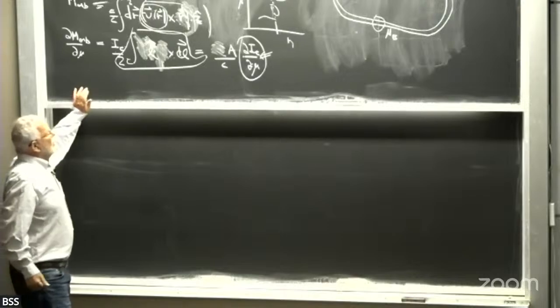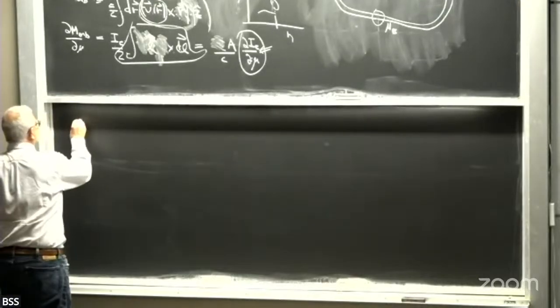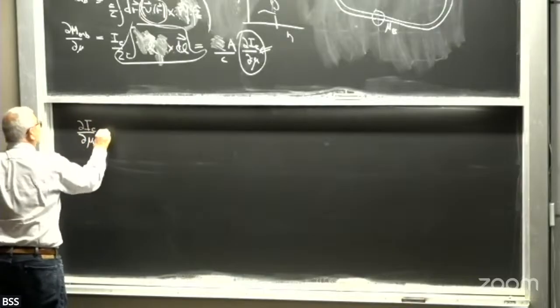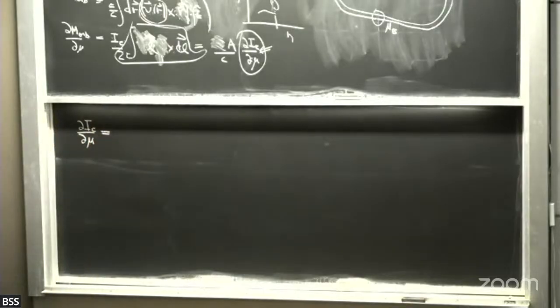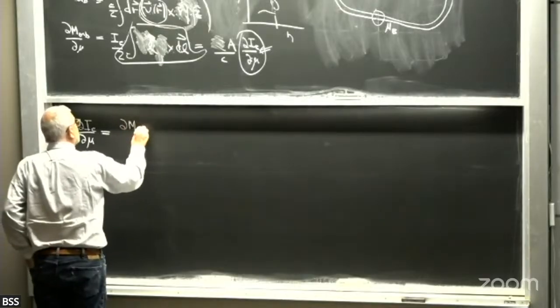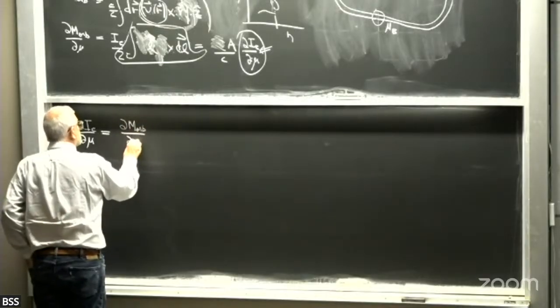And we can say one more thing related to this. What I'm claiming you actually measure when you do a quantum Hall effect experiment is just a thermodynamic quantity: the derivative of the orbital magnetization with respect to mu.